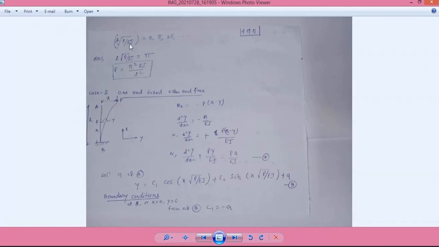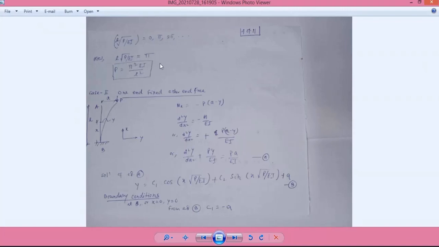If we consider L root under P divided by EI is equal to 0, this gives the initial configuration of the column. But since we try to find the buckling load, we have to consider L root under P divided by EI is equal to pi.